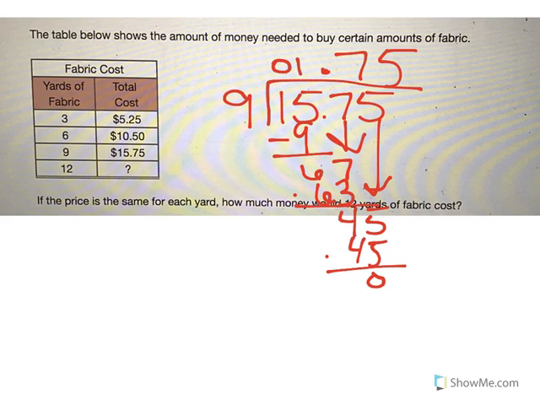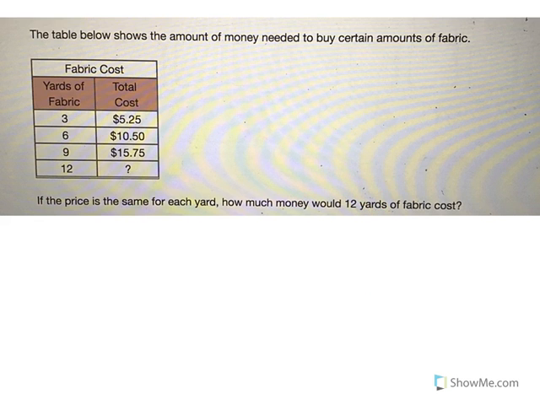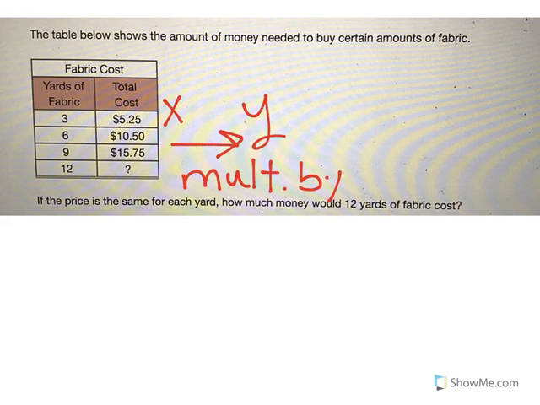So I'm not going to check the 10.50 and 6. I know that 6 times what equals 10.50? It's $1.75. So what this has shown me is, how do I go from 3 to 5.25, or 6 to 10.50, or 9 to 15.75? It's times, since I have a variable, I'm going to multiply by $1.75.